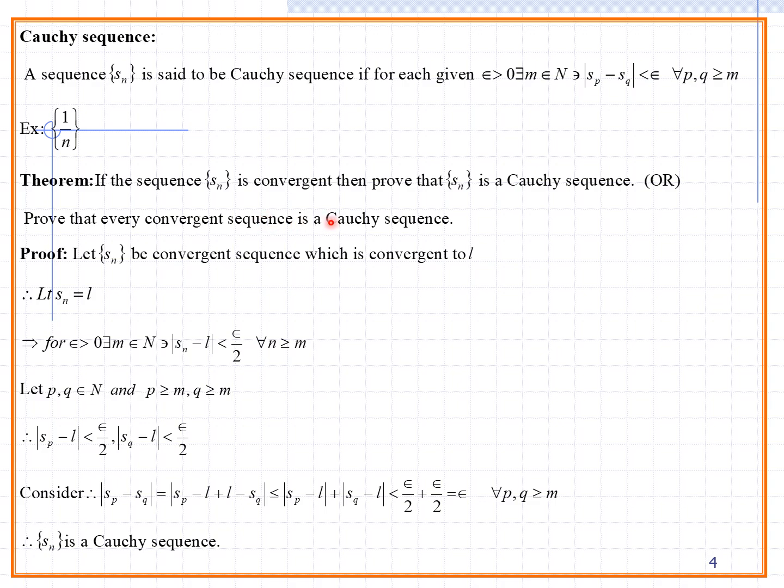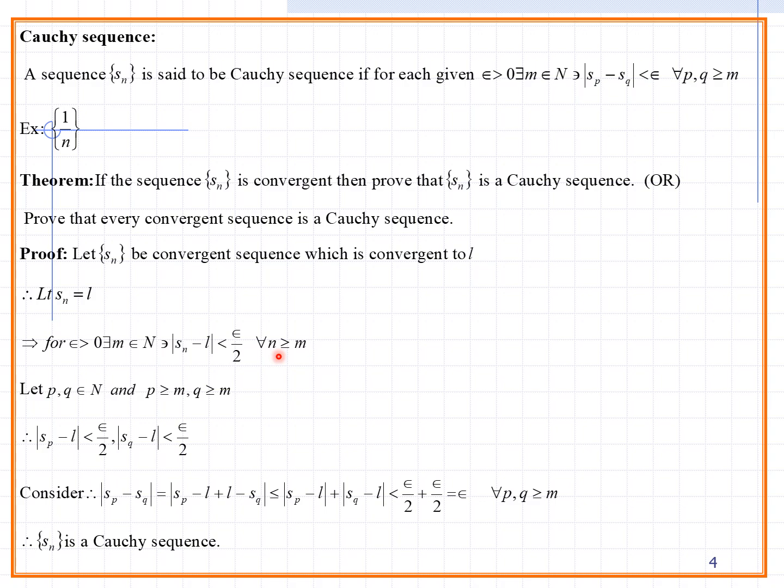Let us see this simple proof. Let Sn be a convergent sequence which converges to L. So the limit as n tends to infinity of Sn equals L. By the condition, for epsilon greater than 0, there exists m belonging to N such that modulus Sn minus L is less than epsilon by 2 for all n greater than or equal to m.